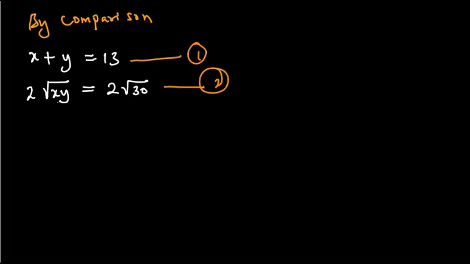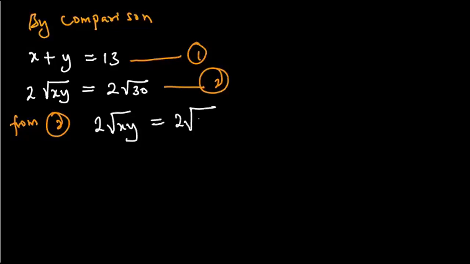So from the second equation, we have 2 root xy equals 2 root 30, and as you can see, 2 can cancel 2 on this side.